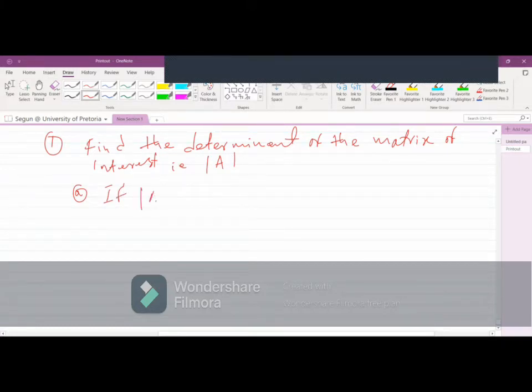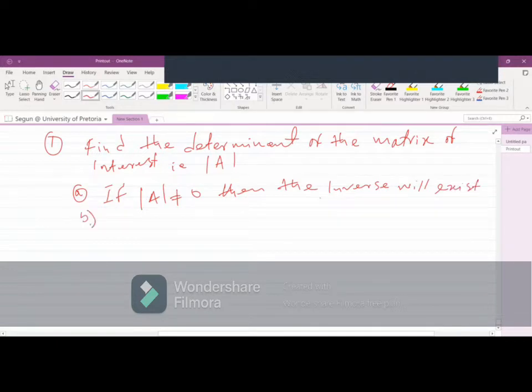If the determinant of A is not equal to 0, then the inverse will exist. Let me put it this way. The inverse will exist.